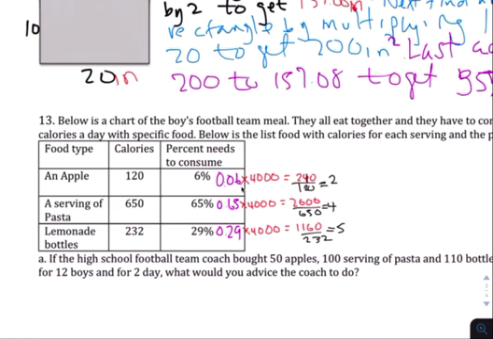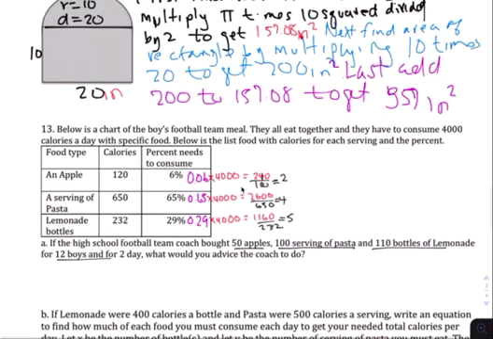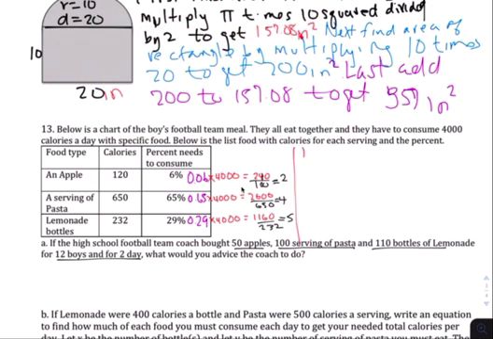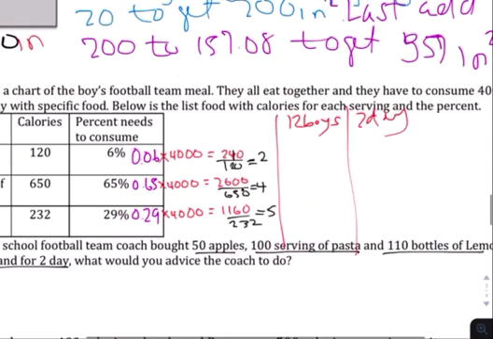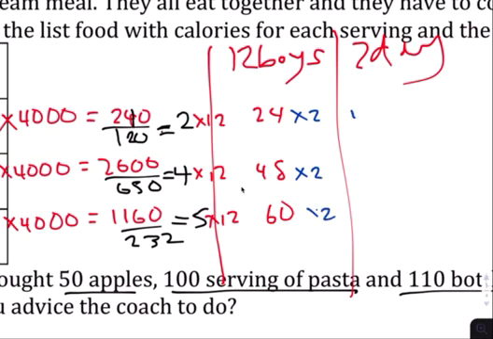Okay, if a high school football coach bought 50 apples, 100 servings of pasta, and 110 bottles of lemonade for 12 boys for 2 days, what would you advise the coach? Okay, let's see. 12 boys, 2 days. So times 12, 24, times 12, you get 48, times 12, you get 60, times it by 2. 96, 120.